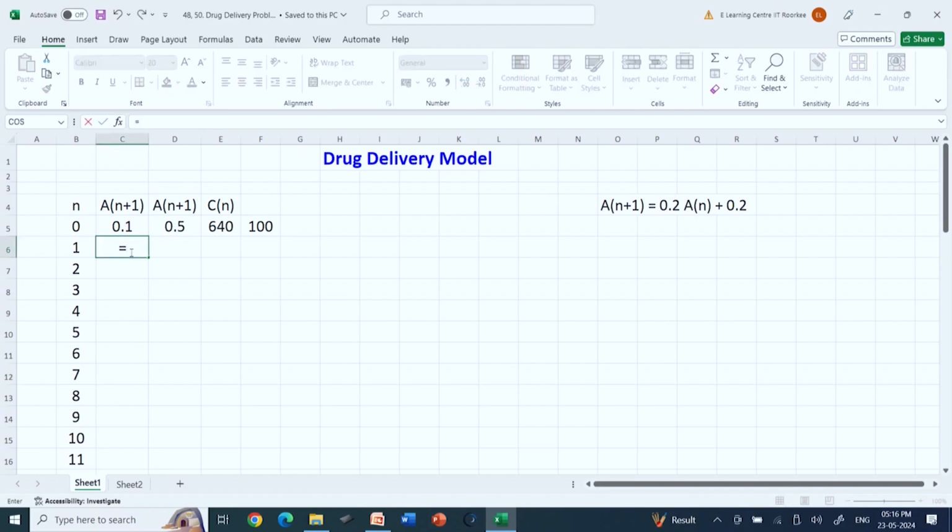So, this is equal to 0.2 multiplied by a n, which is this, plus 0.2.